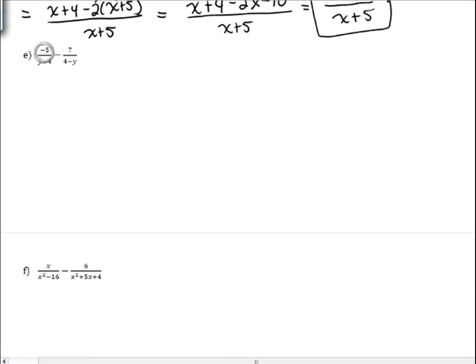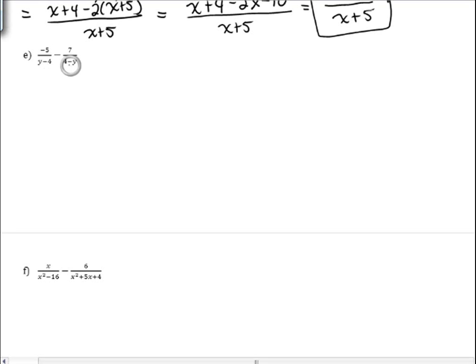Example E, negative 5 over x minus 4 minus 7 over 4 minus y. Here these denominators look very similar, but again, the subtraction is in the opposite order, so we'll need to fix that. And so we need to factor a negative 1 out of one of these denominators. It doesn't matter which one you choose to factor the negative 1 out.